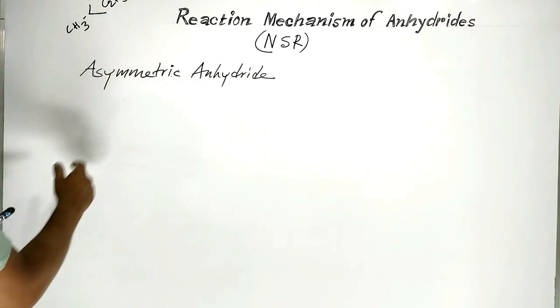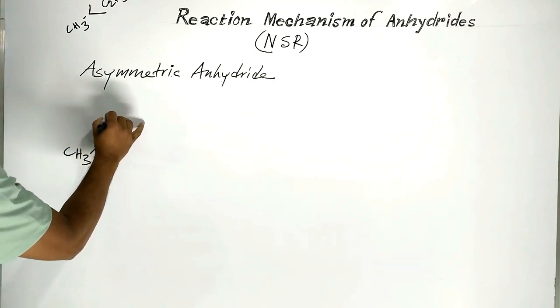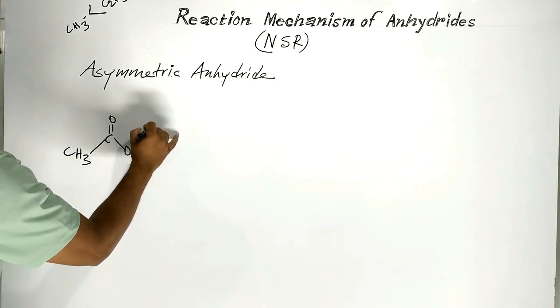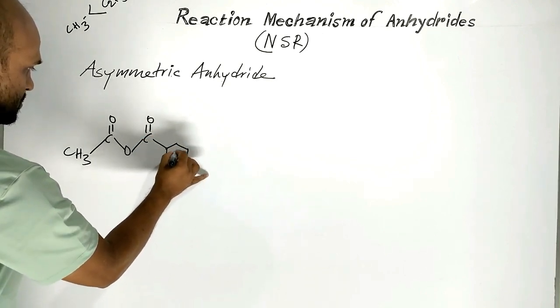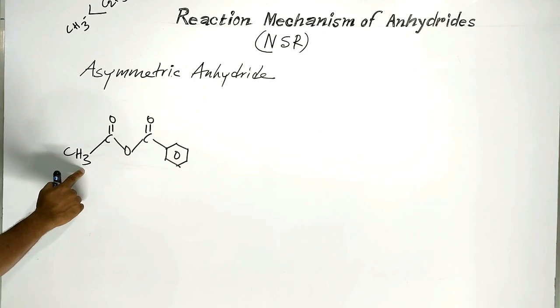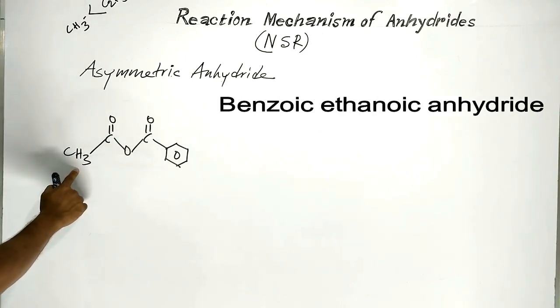Another asymmetric anhydride, this one. This is benzoic ethanoic anhydride.